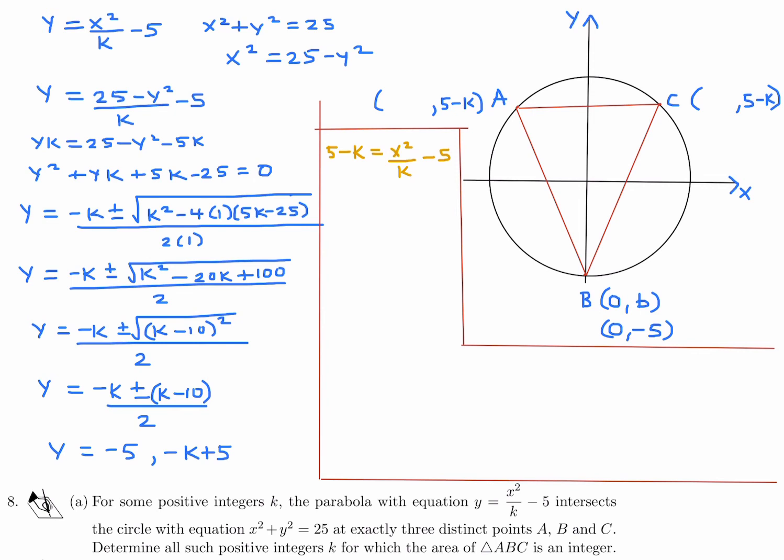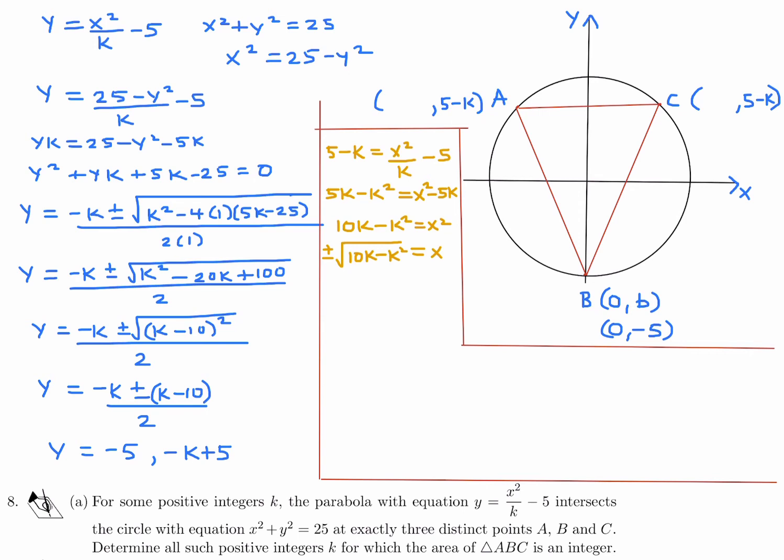I'll multiply through by k, I think that will be easier, and you get 5k − k² = x² − 5k. Bring the 5k over and you get 10k − k² = x², and therefore x = ±√(10k − k²).